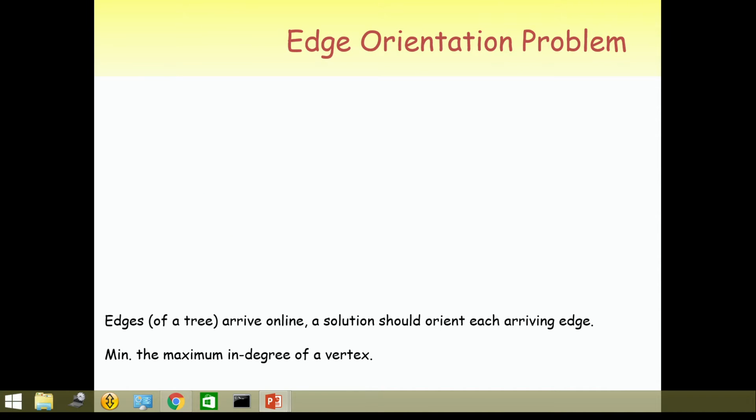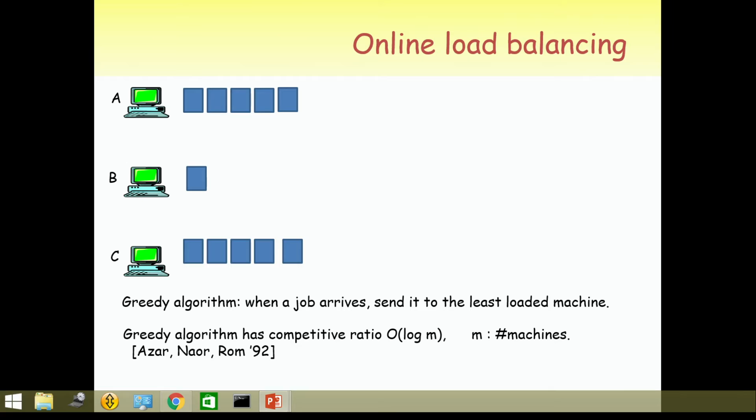Let me talk about a simpler version of this problem. Even this version turns out to be interesting. The simpler version is the special case when each job can only go on two machines, and all you have to do is figure out which of the two machines to send it to. So I can think of it as an edge orientation problem.